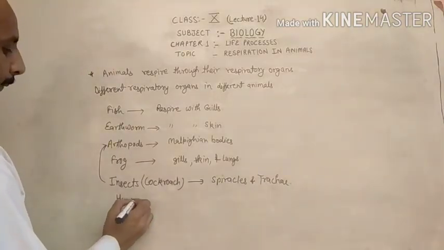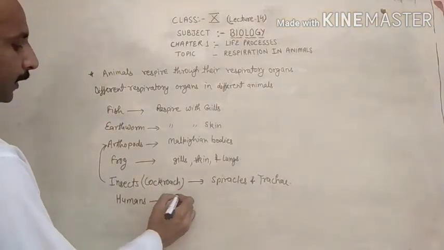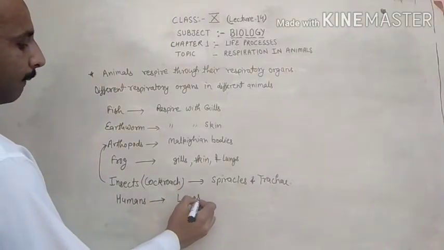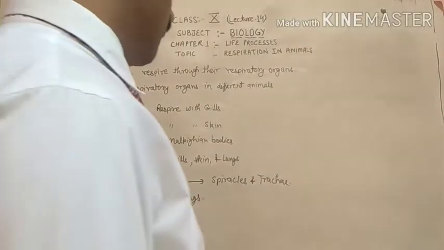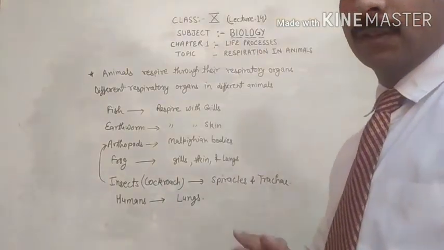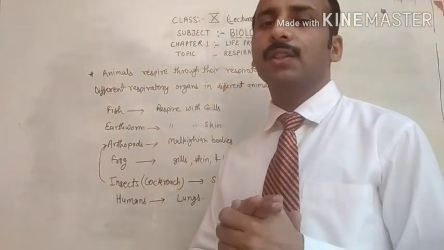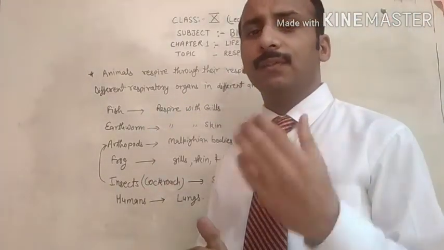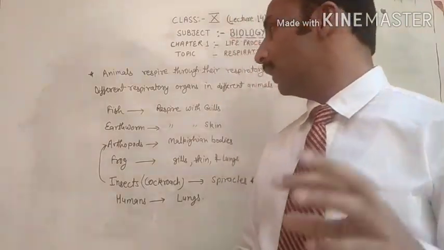Humans respire through lungs. These are the different organs which are called the respiratory organs in the different kinds of animals.